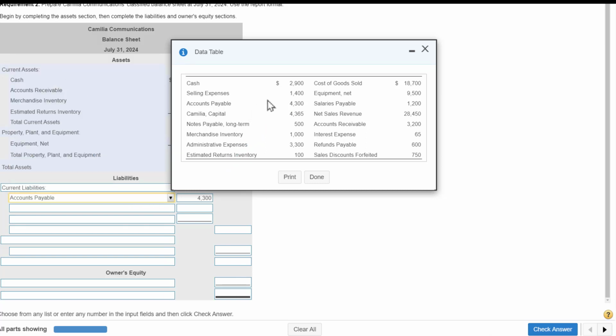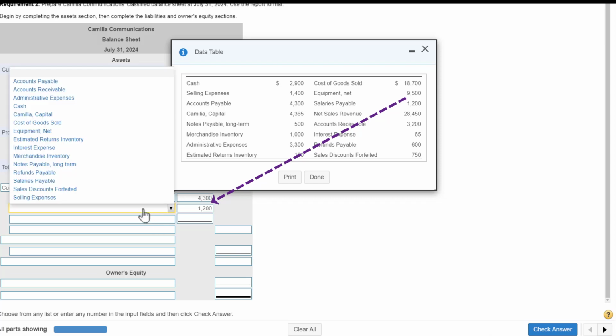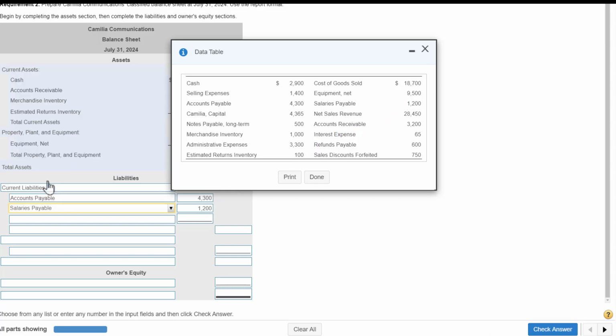Next we usually have salaries payable, 1,200, because that's usually due within 2 weeks, since most people are paid every 2 weeks or so. Do we have any other payables or liabilities? Here we go: refunds payable, 600.